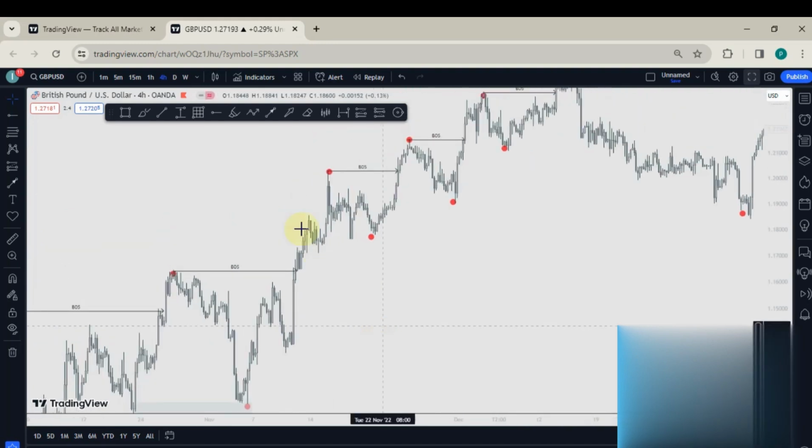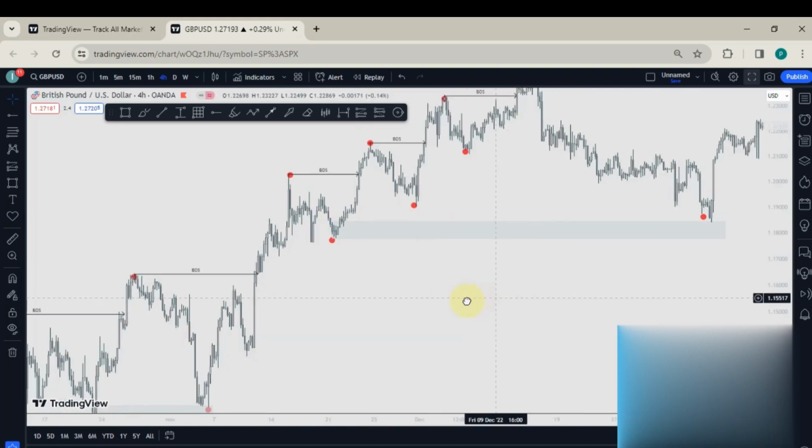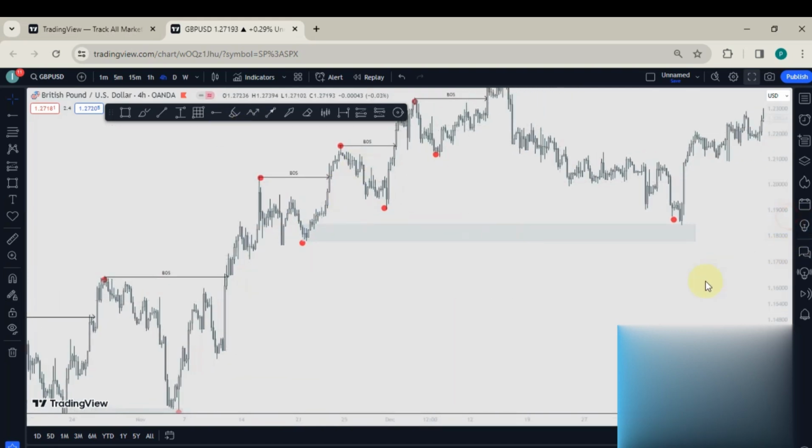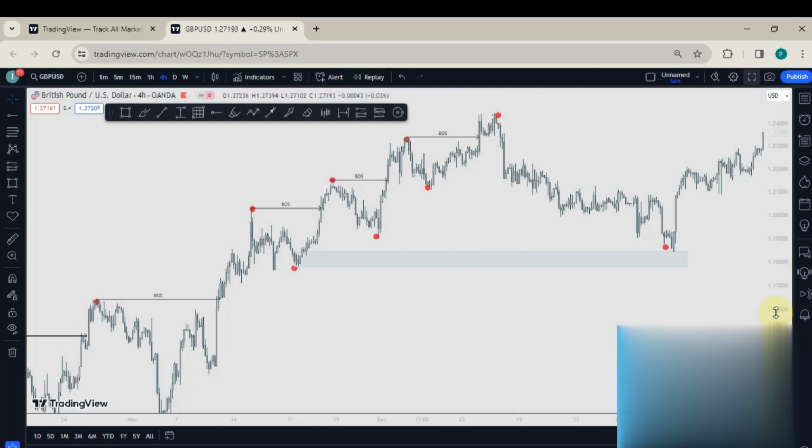If you can see here, this swing point, if I were to mark it like this, it was our demand. Price might not come, it might take time before the price comes to your demand.